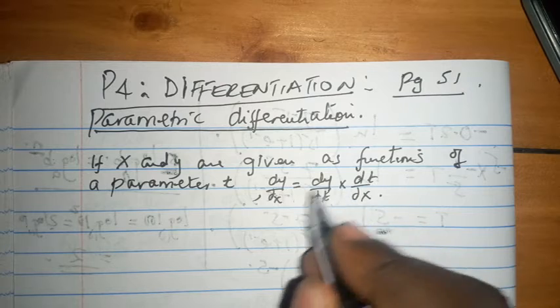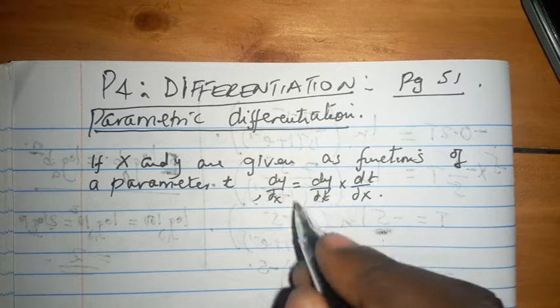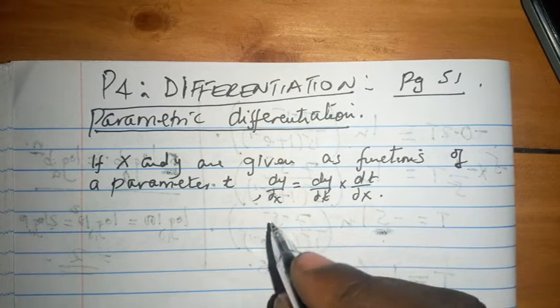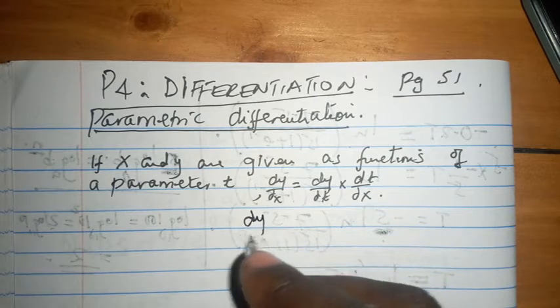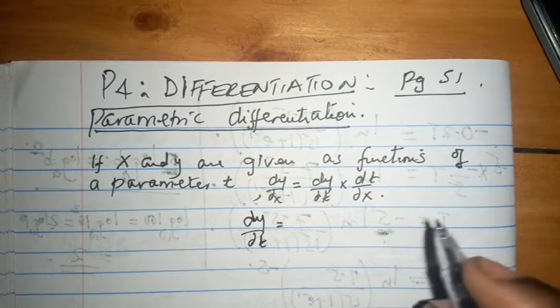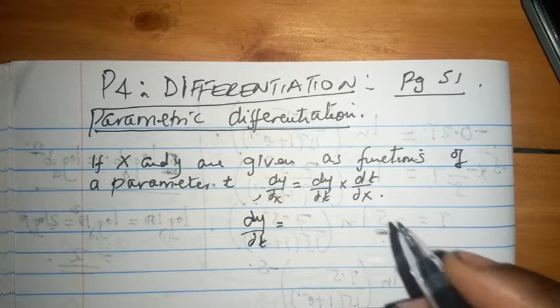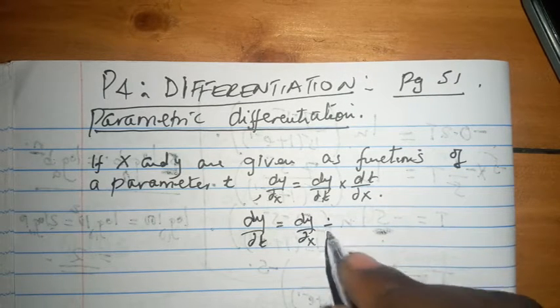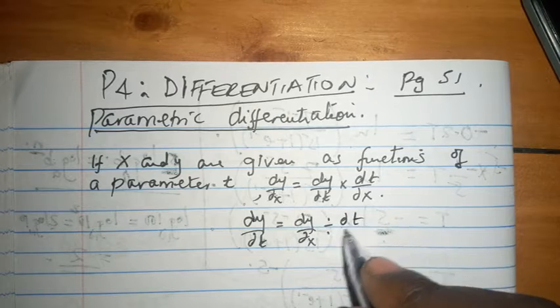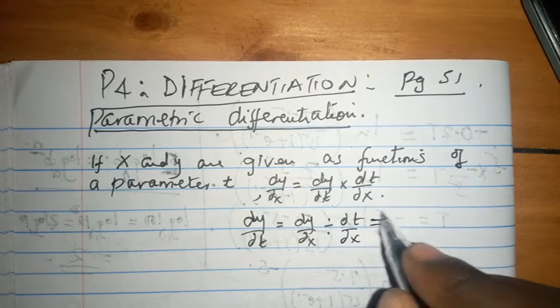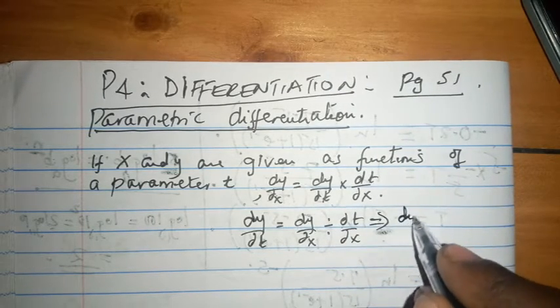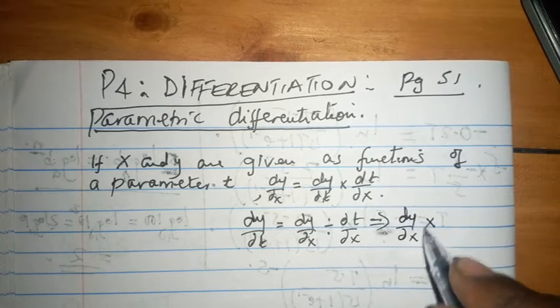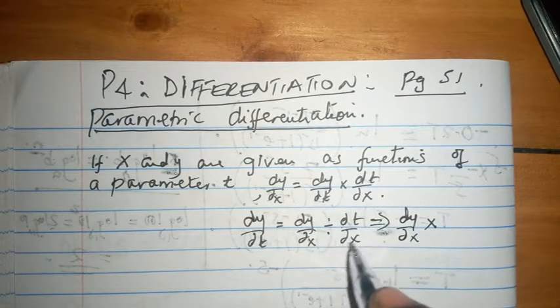For example, you can make any of these the subject of the formula. If you want dy/dt, it is dy/dx divided by dt/dx, which is by extension dy/dx times the reciprocal of the divisor.